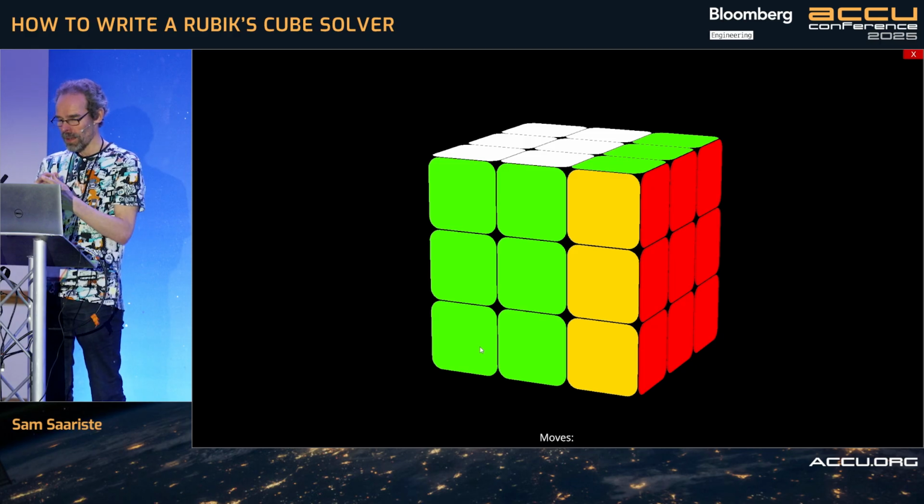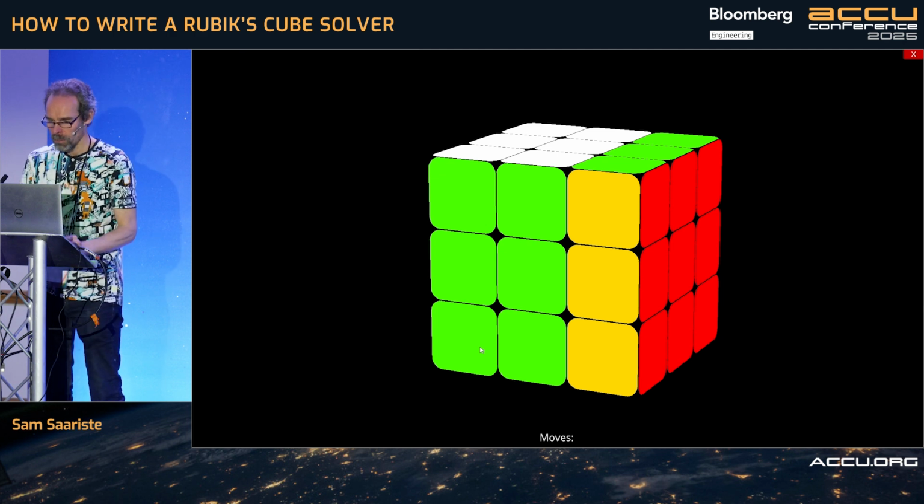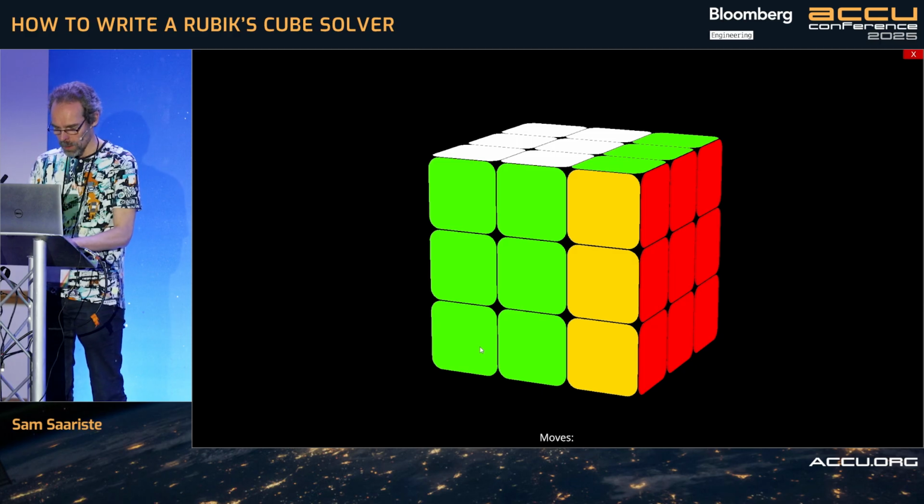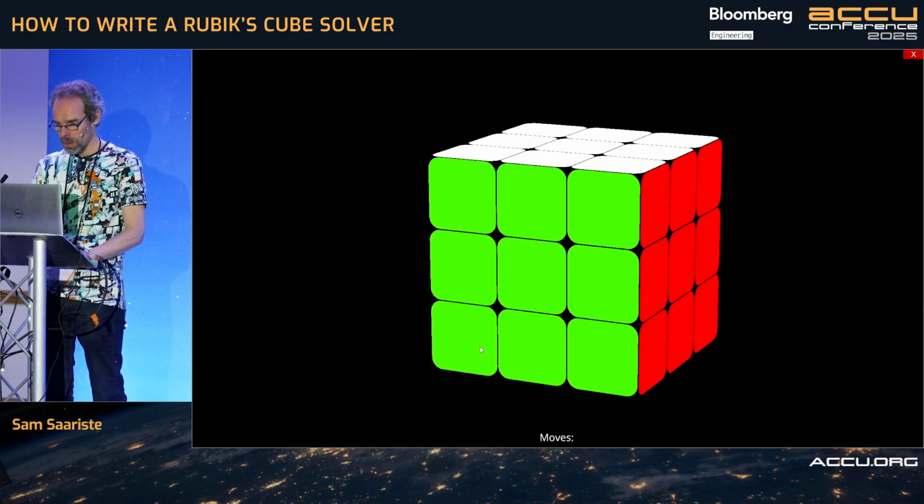So you can never have an orientation that leaves a remainder when you look at all the orientations of all the corner pieces. So that is one of the things.